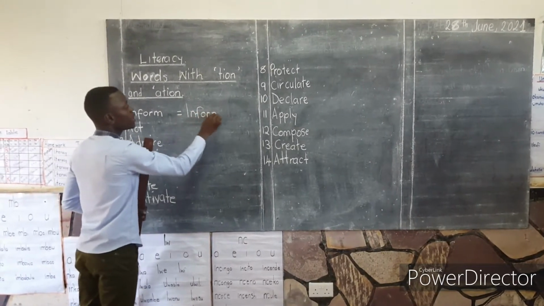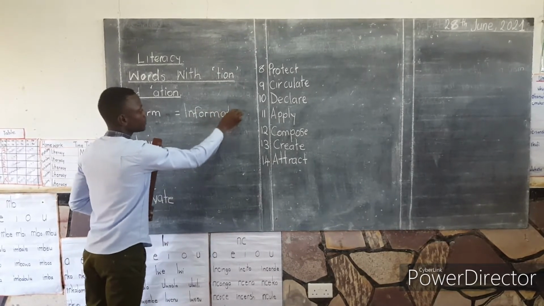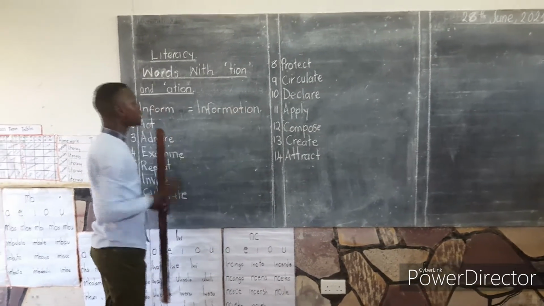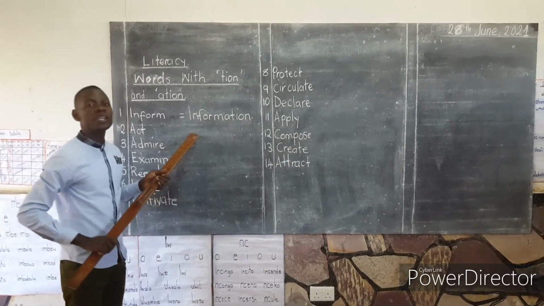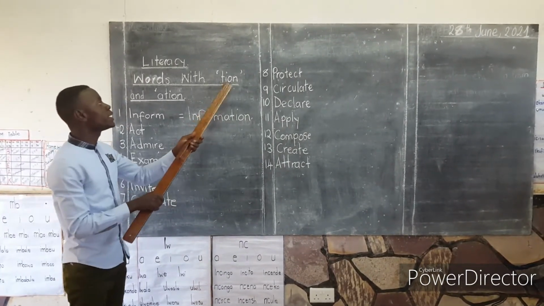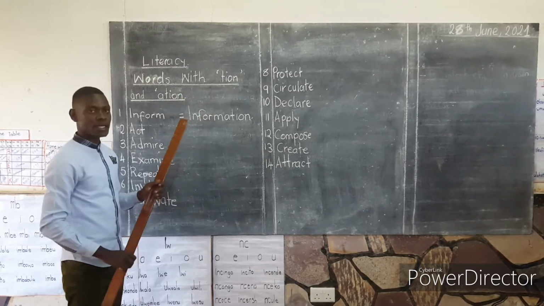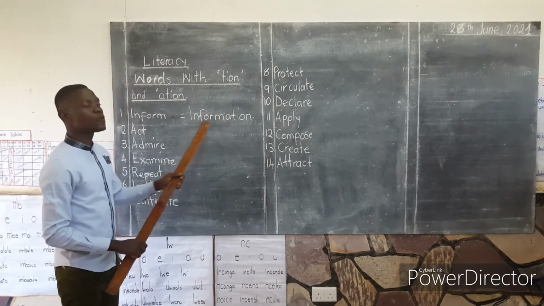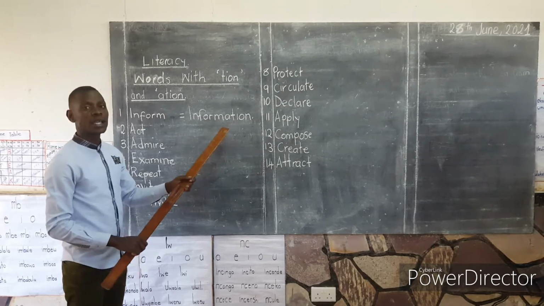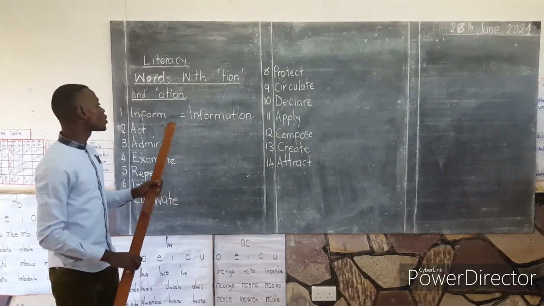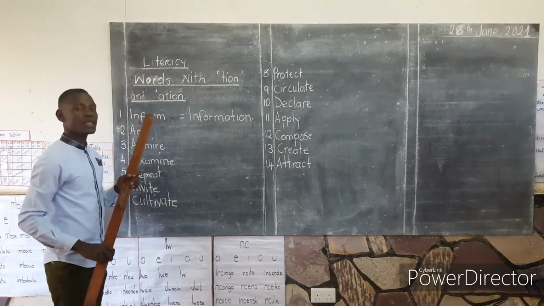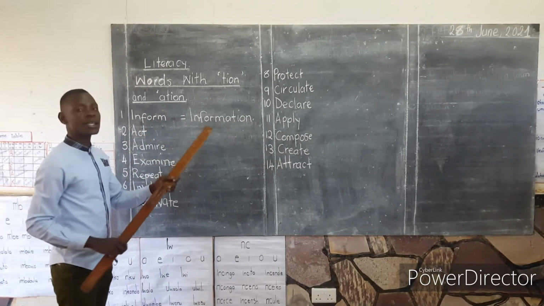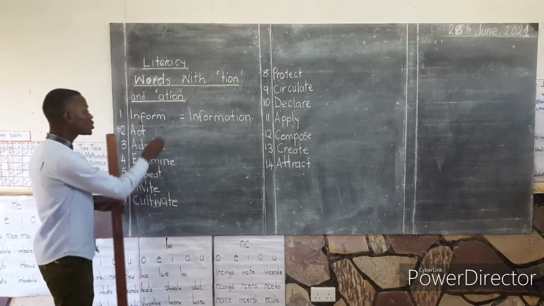I want you to pay attention, especially when some letters are removed and replaced by these endings. Information is a noun which has been formed from a verb, which is inform. So inform is a verb. Information is a noun.